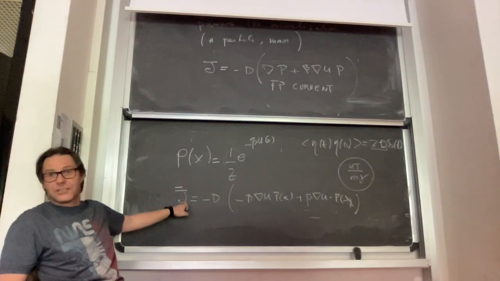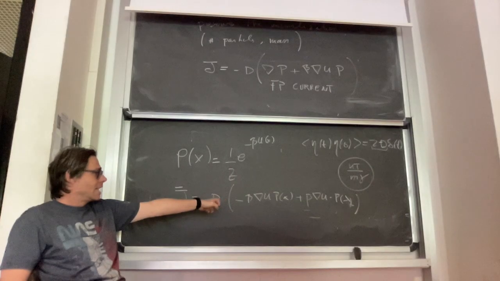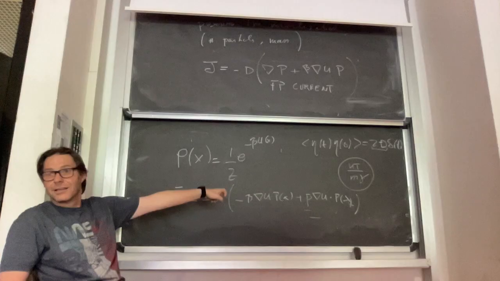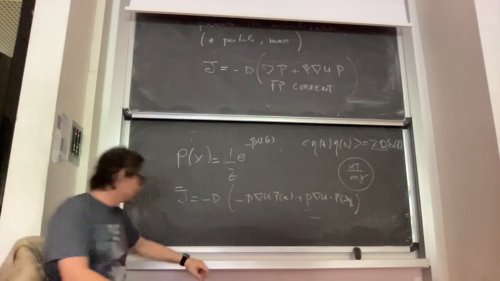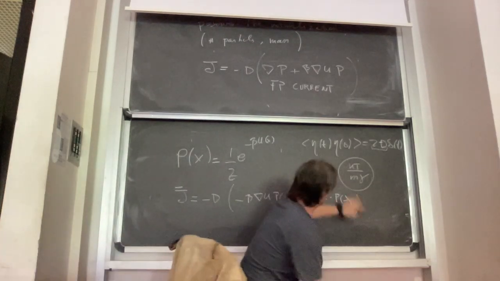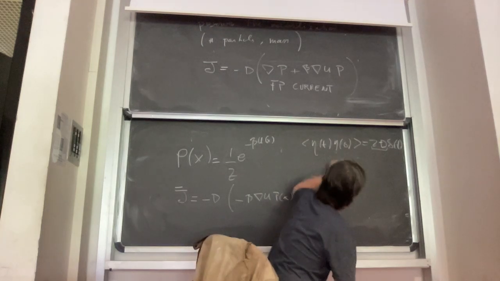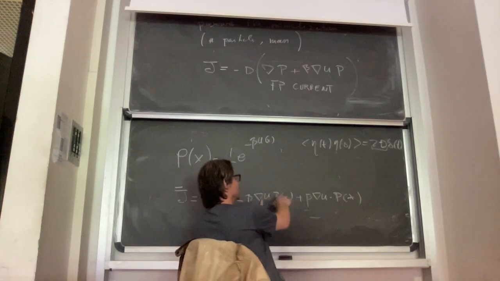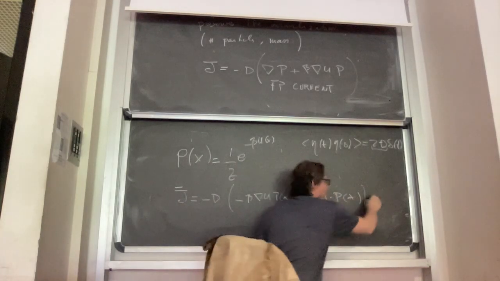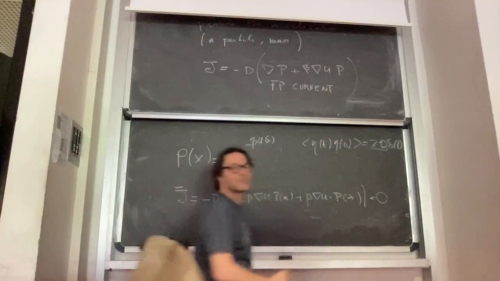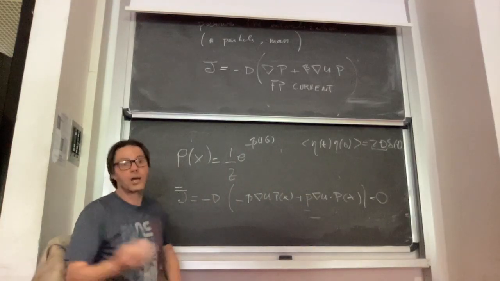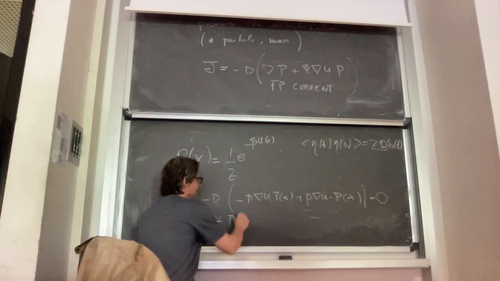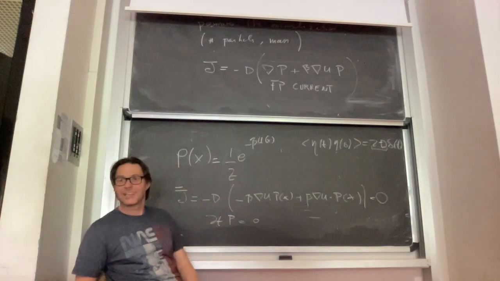How much is this current? Compute this. Negative gradient of u times p plus gradient of u times p equals? 0. So no current. And of course the time derivative of p is equal to 0 because there's no t.